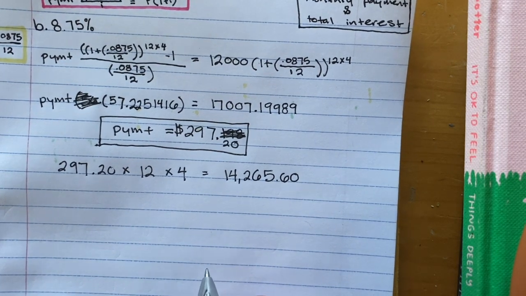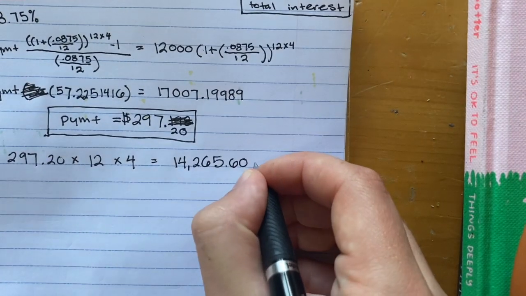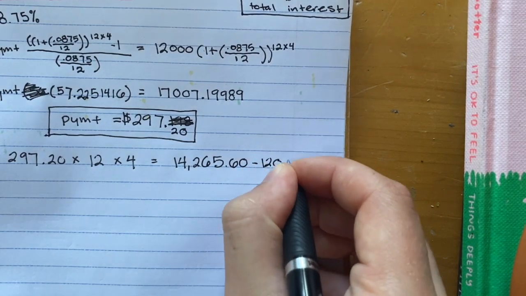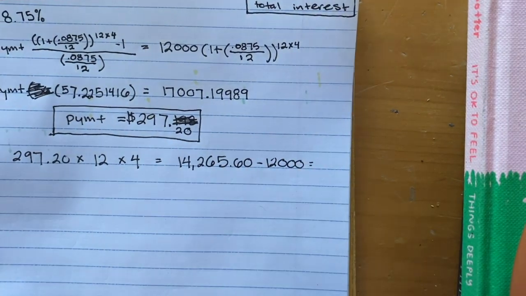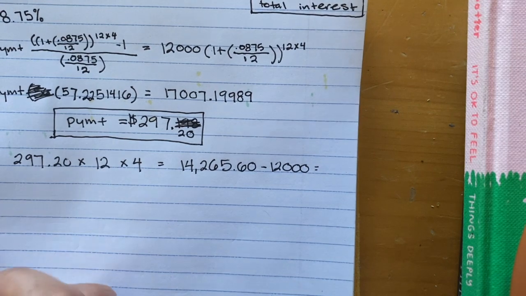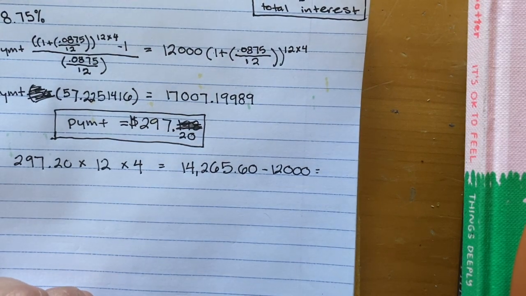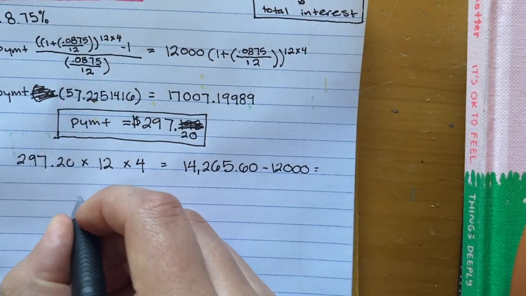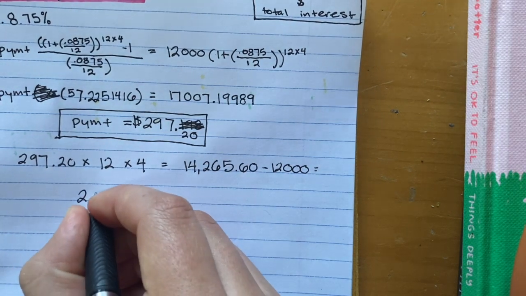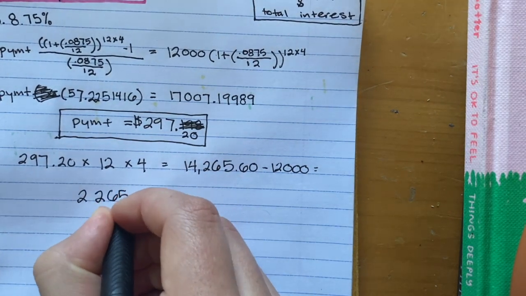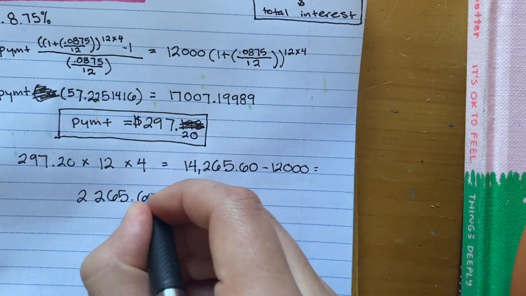To find the total interest, we're going to subtract the principal again. So minus 12,000. And hopefully, if you plug that into your calculator, you will see that your total interest comes to $2,265.60.